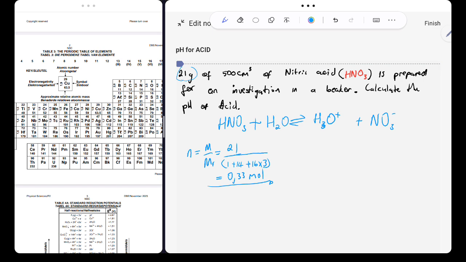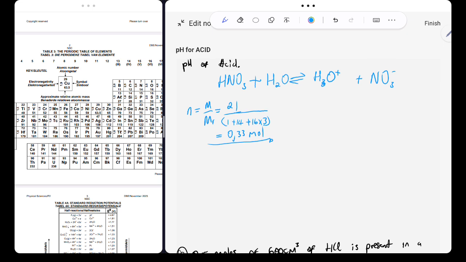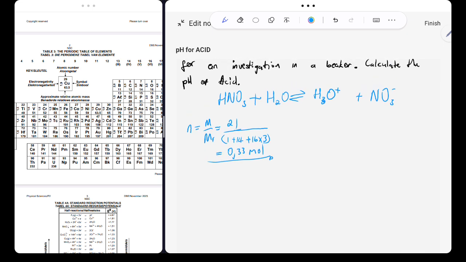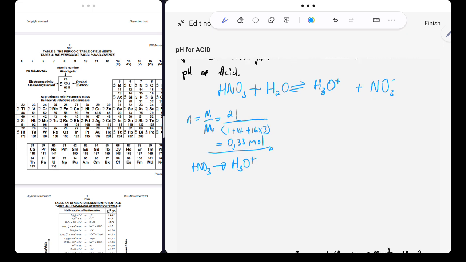After finding the number of moles, I know that 1 mole of nitric acid will give me a single mole of hydronium ions. But now I do not have 1 mole, I have 0.33 moles.